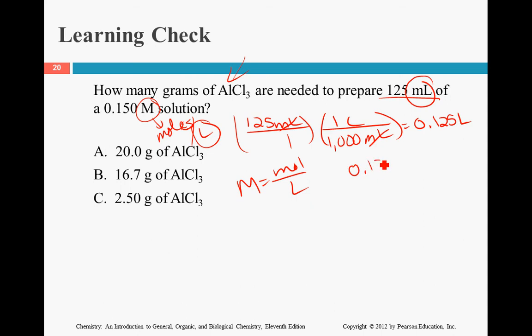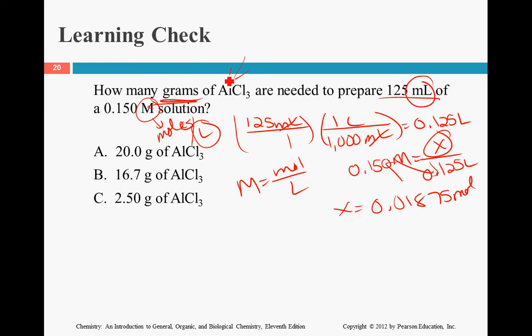Well, now at this point it's just plug and chug. We're going to cross multiply in order to solve for the x. So 0.15 times 0.125. So x is then equal to 0.01875 moles.